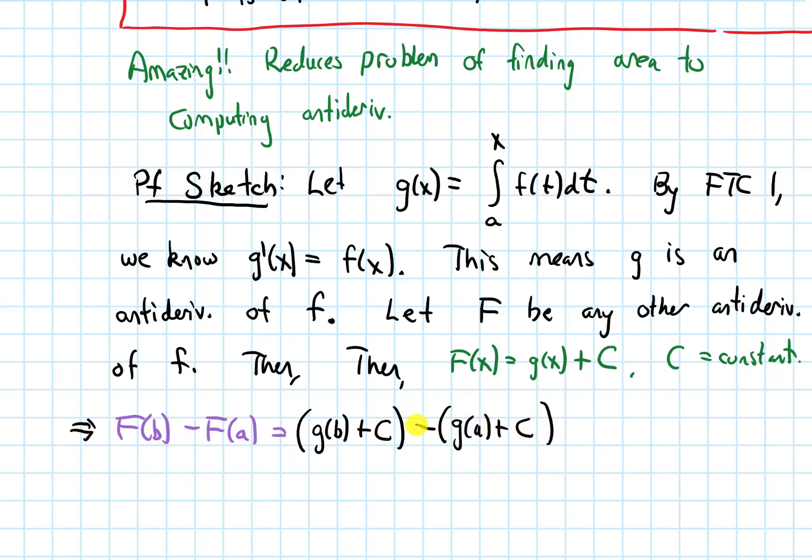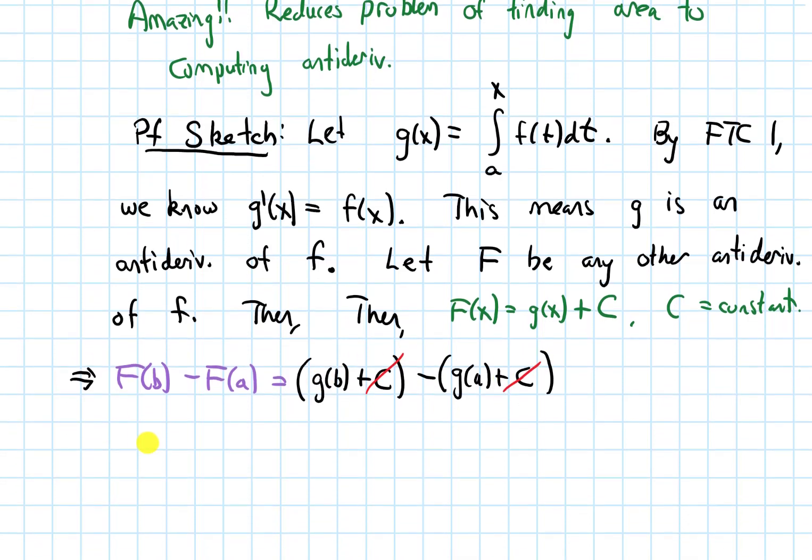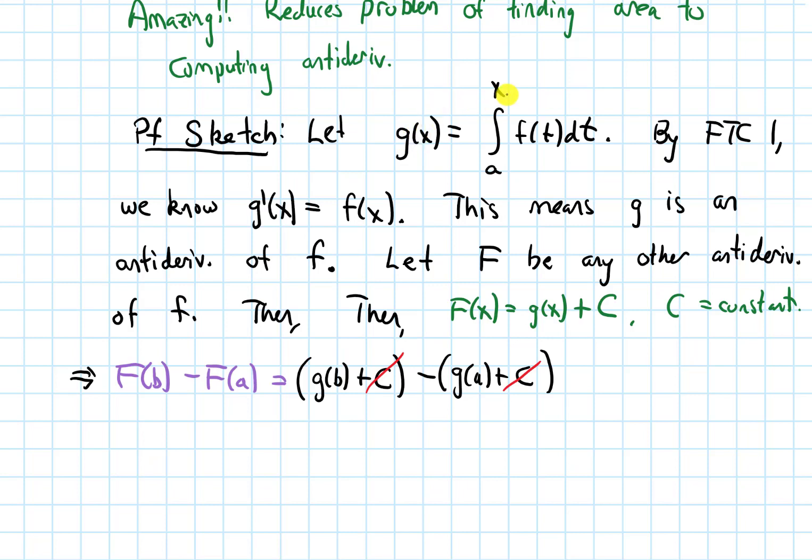So here the c's are going to cancel and we end up with g of b minus g of a. So using our definition of g of x, g of b will be the integral from a to b of f of t dt. And then minus g of a, if I plug a in here, will be the integral from a to a of f of t dt.